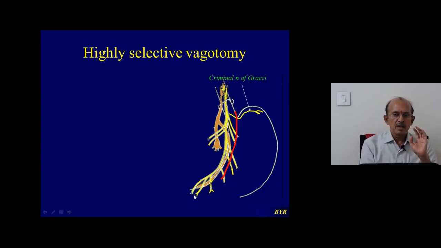That is why 2 surgeons, Andrew and Jensen, thought: instead of cutting the vagus nerve totally, if we cut only those branches going to the parietal cell area, that means to the body and fundus, and leave the terminal branches going to the pyloric antrum intact, then what happens?